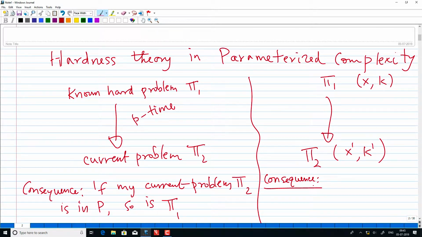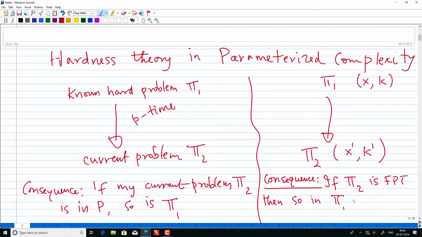So what consequence do I want? If pi 2 is FPT, fixed parameter tractable, which is the term for it, the equivalent of polynomial time here, meaning f of k times a polynomial in the input size, then so is pi 1. This is what I want.